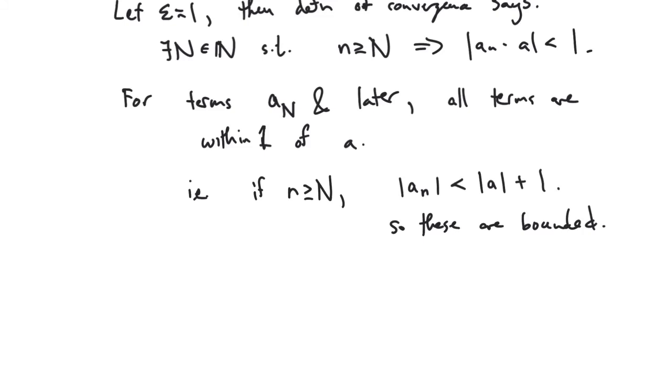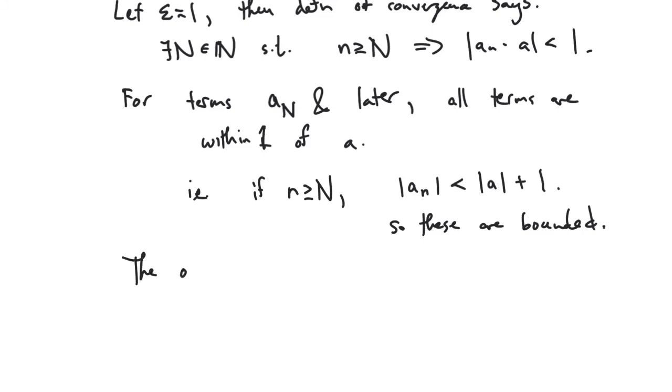Well, the beginning part is automatically bounded because there's only finitely many of them. There's A1, A2, A3 up to A big N minus 1, the one before that. But those can't go to infinity because there's only finitely many of them, right? There's not enough for them to be unbounded either. So these are bounded.